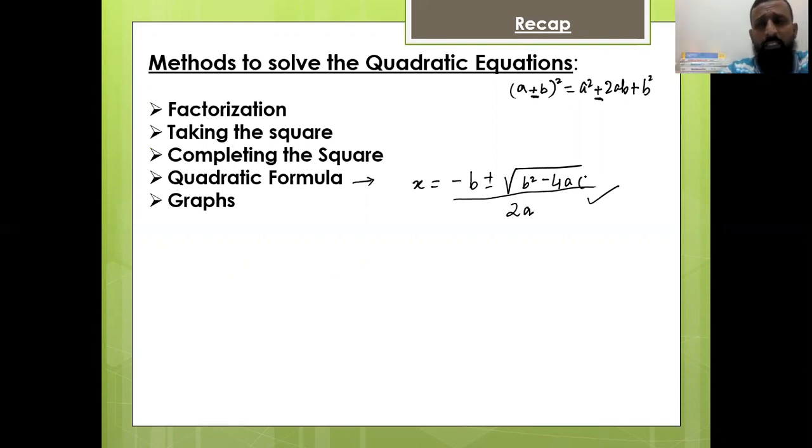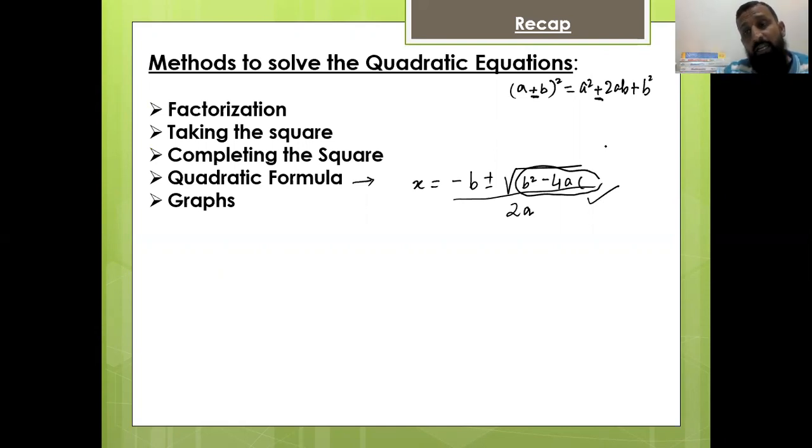It depends on this factor which is inside a root sign, that is, this is called discriminant. Remember, when this factor b square minus 4ac is greater than 0, then you have two real solutions. When this factor b square minus 4ac equals to 0, then you only have one real solution.